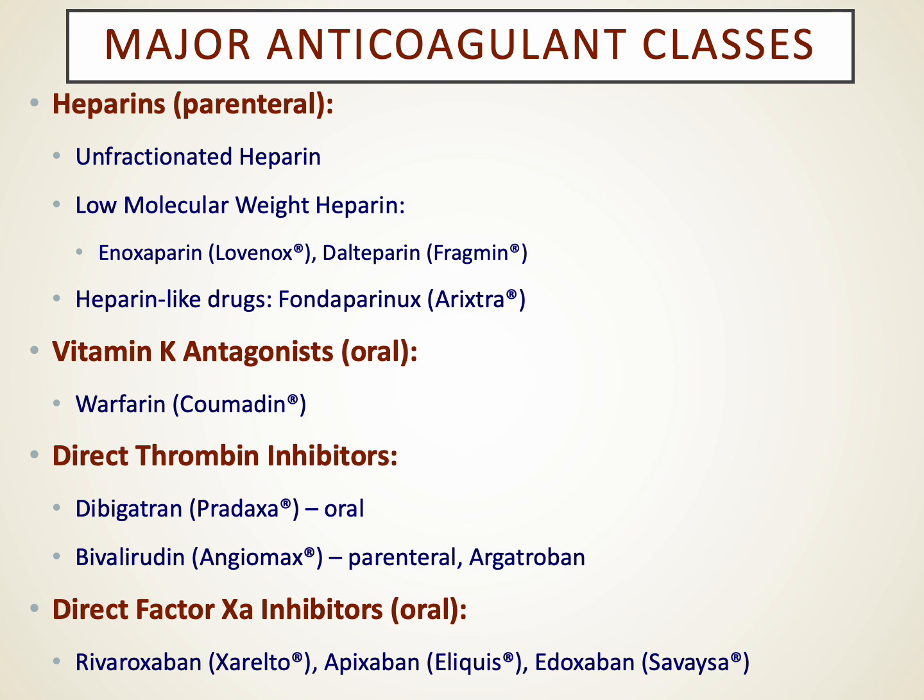for a number of patients. Those include the oral direct thrombin inhibitor, dabigatran or Pradaxa, or more commonly now we see, even replacing dabigatran or Pradaxa in most clinicians' minds, the direct factor Xa inhibitors that are given orally, and we'll talk more about those in a bit.